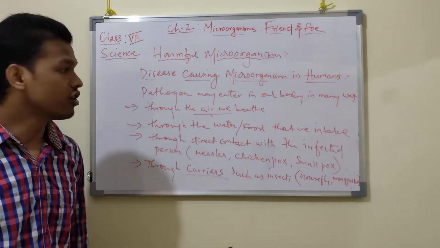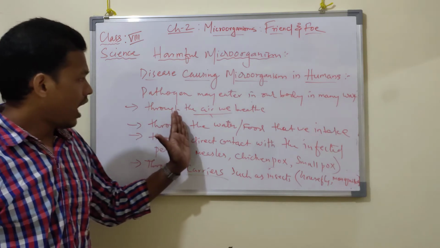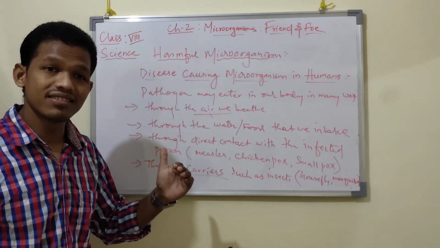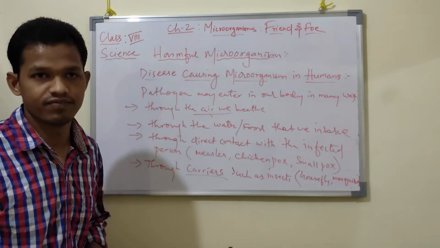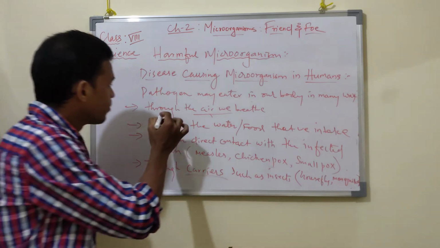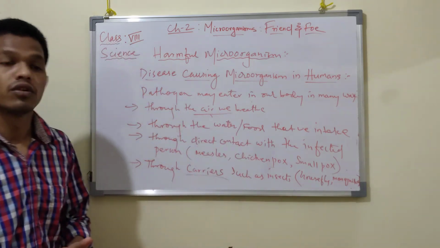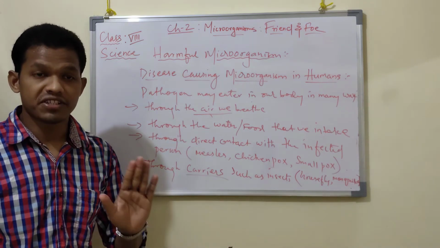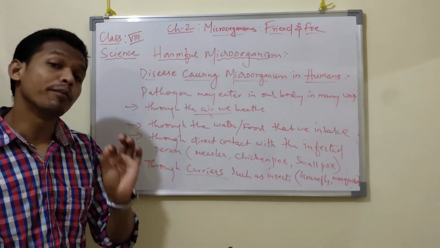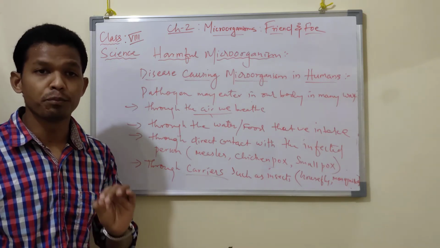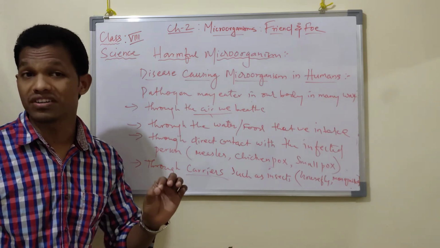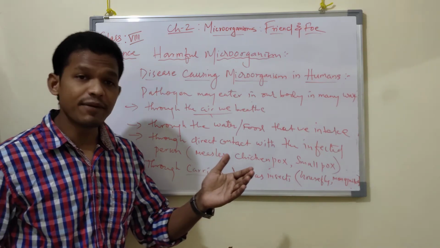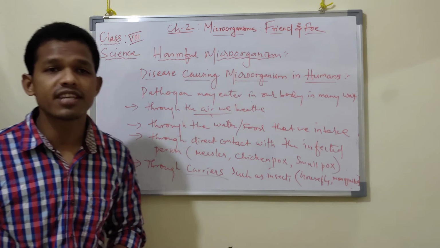So obviously you have to know how these diseases are caused, but it is important to know how to prevent them. The first thing: drink boiled water. By boiling, around 70 to 80% of the microorganisms are killed.